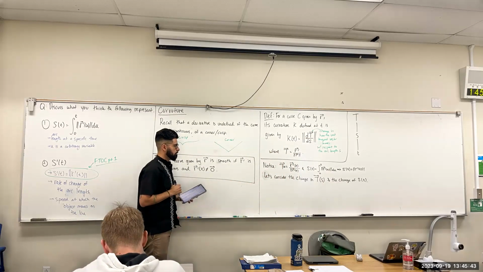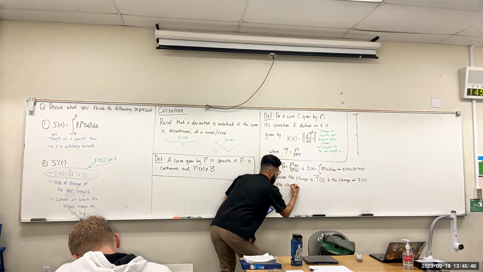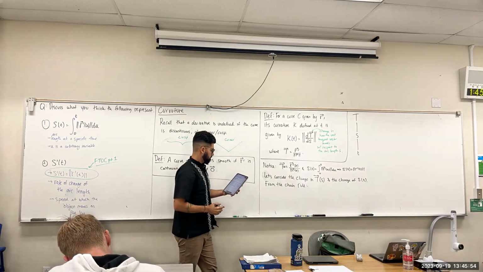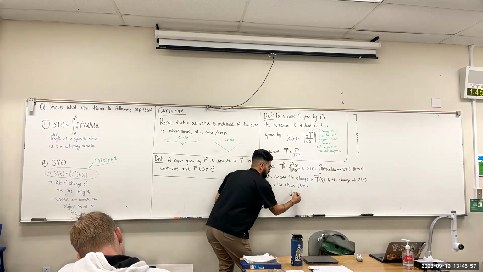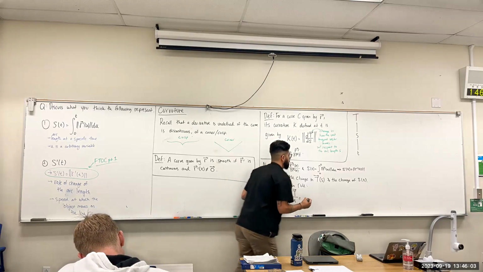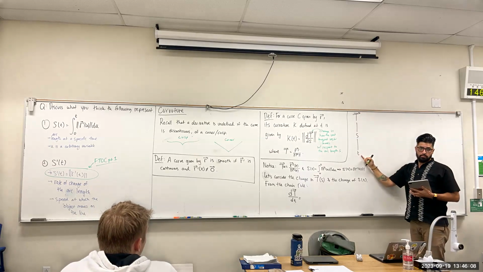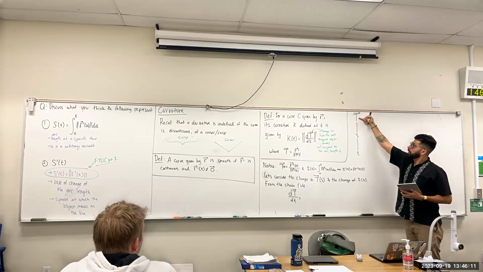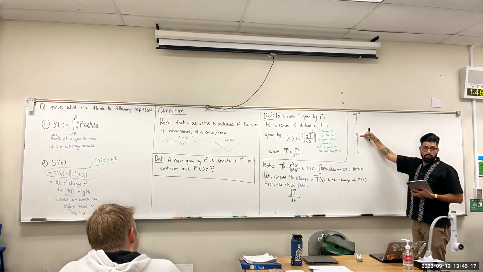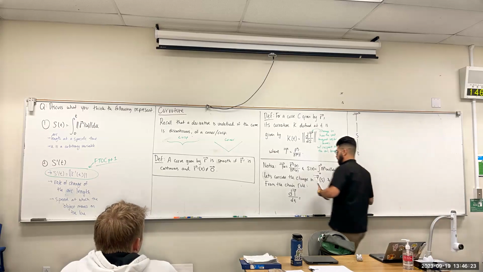From the chain rule, if I want to find the change in capital T with respect to t, the chain rule says multiply the rate of change of T with respect to s, and then multiply that with the change of s with respect to t. That's what the chain rule is going to tell me.